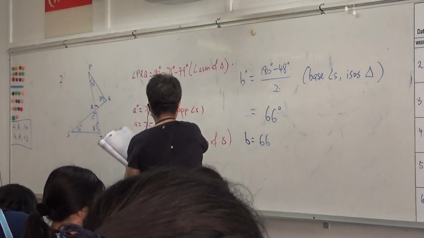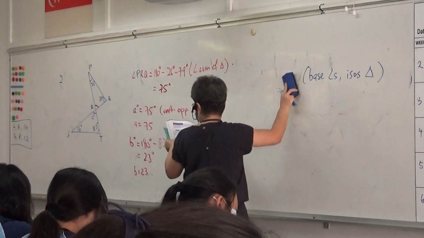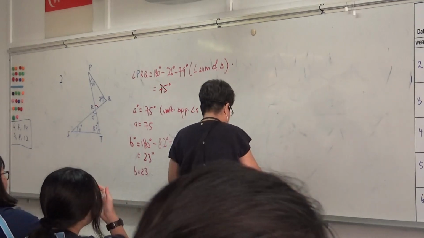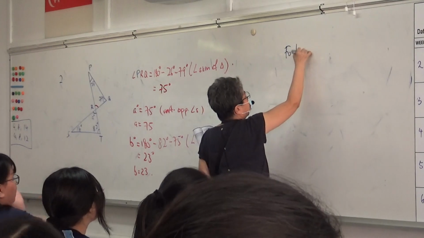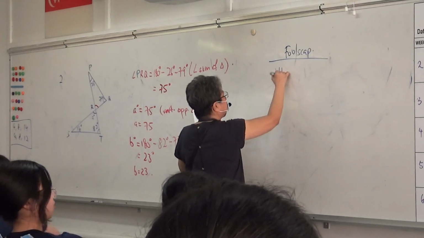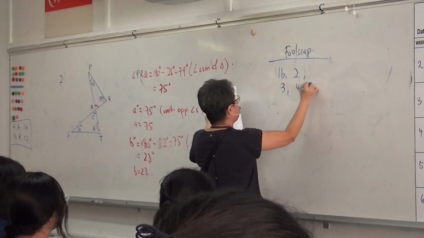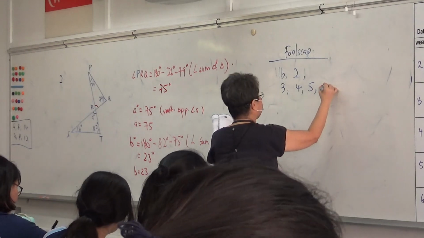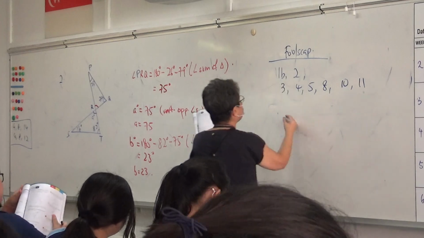on the foolscap paper. That means your foolscap paper must have 1B and 2 first. 1B and 2 already done. 3, 4, 5, 8, 10, 11.